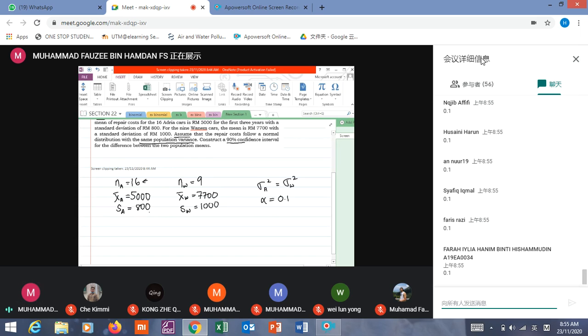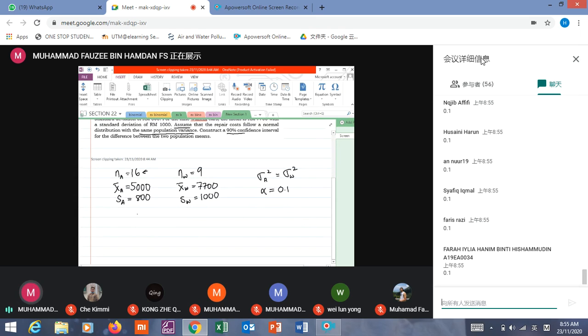Okay, so based on this information, look at the flowchart. Both sigma are not given. Now you check the size of the sample, less than 30, and we assume the variances are equal. So this is case number 4.